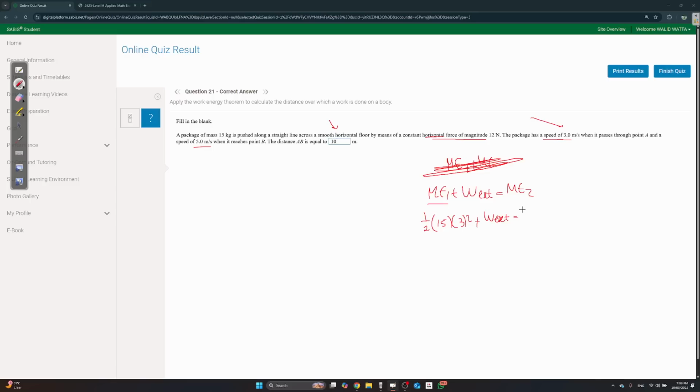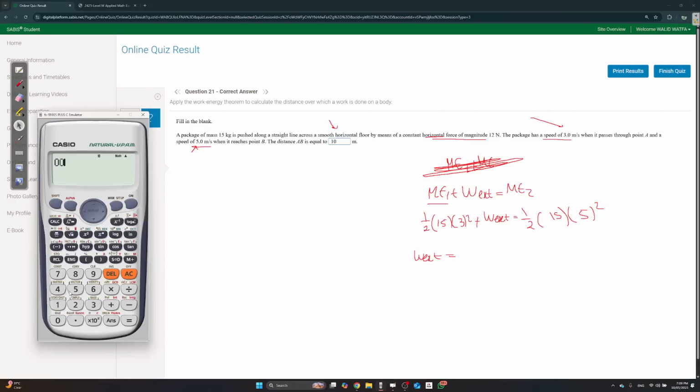Again, no potential energy. It gives us speed 5, so it's half times the mass, 15, times its velocity squared. So W external is equal to, subtracting this by this, 0.5 times 15 times 25 minus 0.5 times 15 times 9.